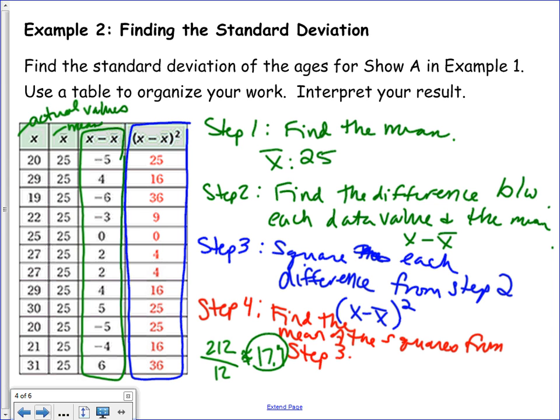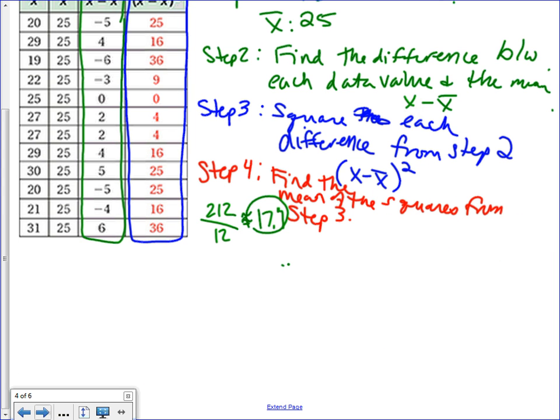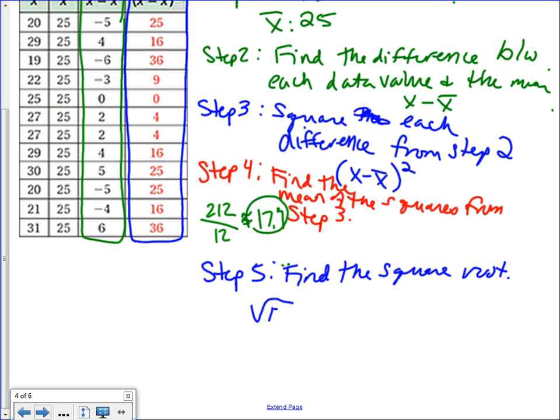Now what we need to do in step 5 is to use a calculator to find the square root. Okay, so we find the square root of 17.7, which is approximately 4.2.